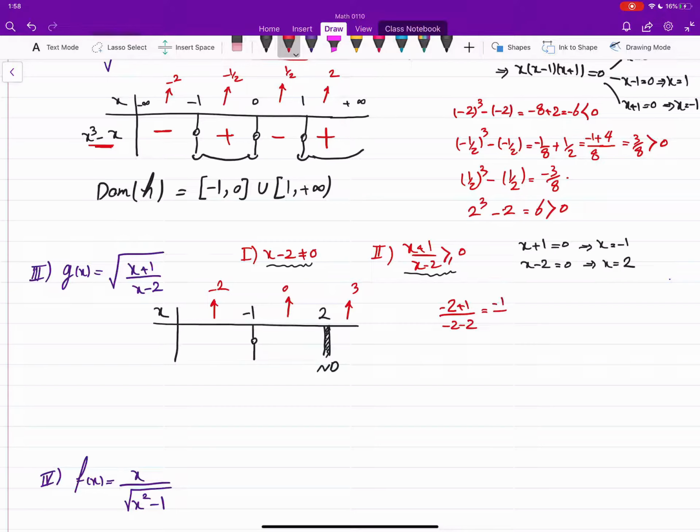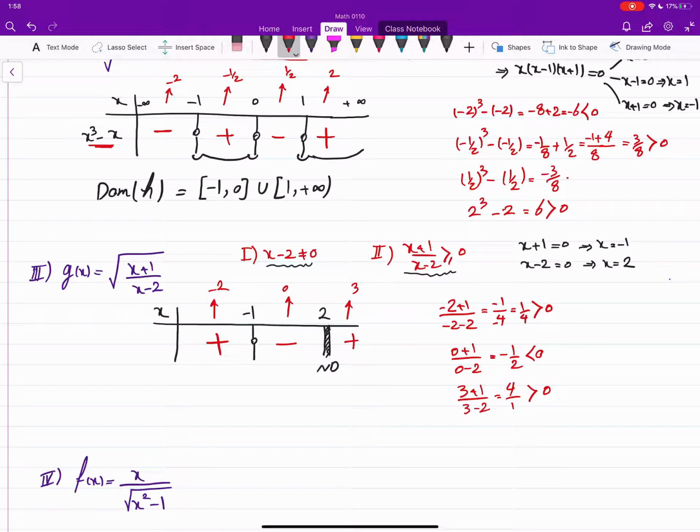This is negative 1 over negative 4, which is 1 over 4. This is positive. At 0, (0 plus 1) over (0 minus 2) is negative 1 over 2. This is negative. And at 3, (3 plus 1) over (3 minus 2) gives us 4 over 1, which is a positive value.